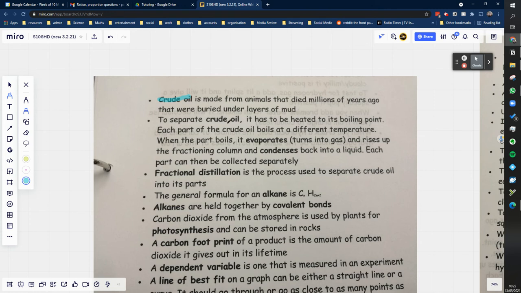And you can separate it using something called fractional distillation.